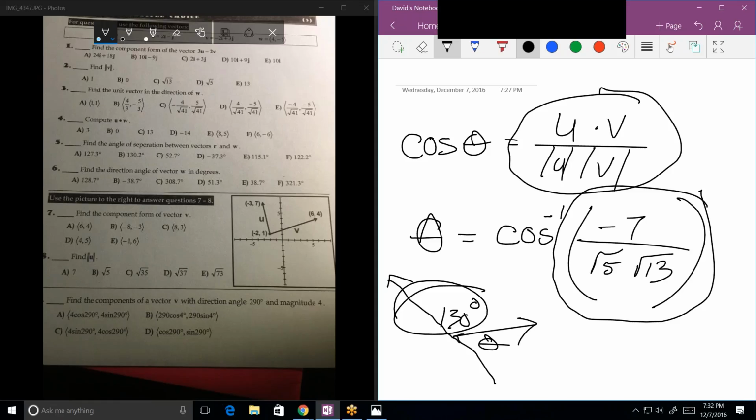You can draw a picture like they did down here. There's V, there's U. That's a different U than the one up top. But if you draw your vectors in the right orientation, then you can see if your answer makes sense.